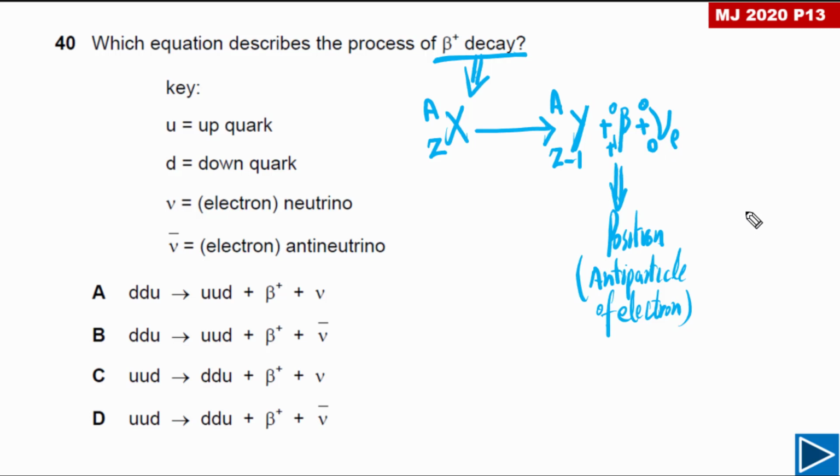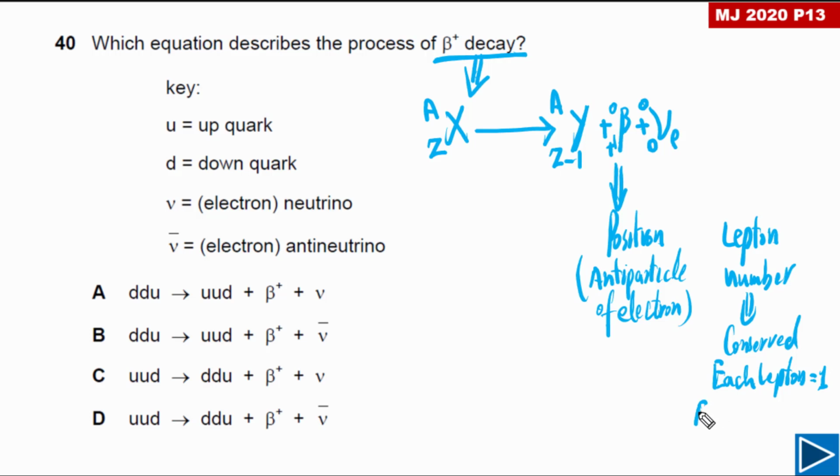The reason is that the lepton number on both sides has to be conserved. Each lepton has lepton number equal to 1, and each antilepton has lepton number equal to -1.